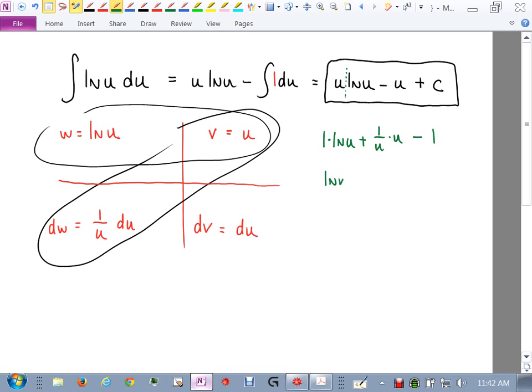So you get natural log u plus these are 1, and then you have minus 1, and that's just natural log u. So you can confirm by taking the derivative that you get the integrand, so that is the antiderivative. You are allowed to write this formula down on your formula sheet. I'm okay with you putting this one down there. The antiderivative of natural log of u is u ln u minus u.